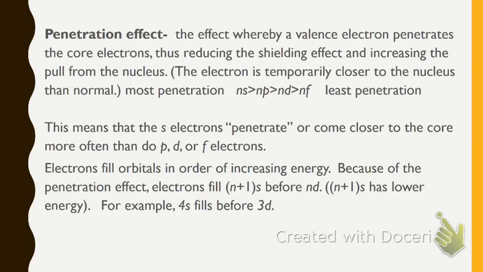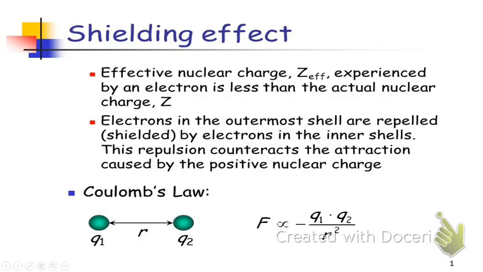Because the S electrons have a greater penetration, they are able to fill before the 3D. So that's another reason why 4S fills before 3D. We always just say it's because it's a lower energy level; this is telling you why it's a lower energy level. This is just those three things put together, including Coulomb's law, which we will be referring to as we go through periodic trends.